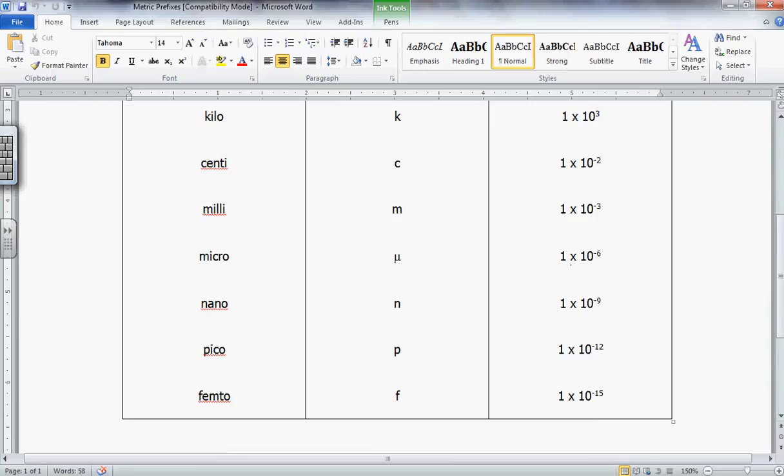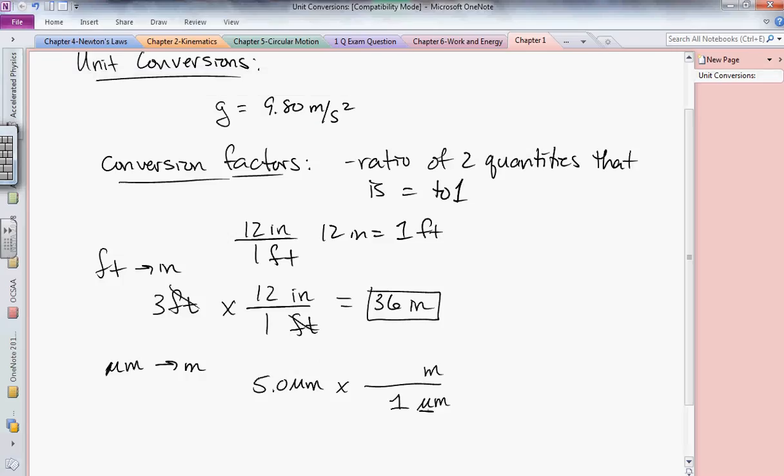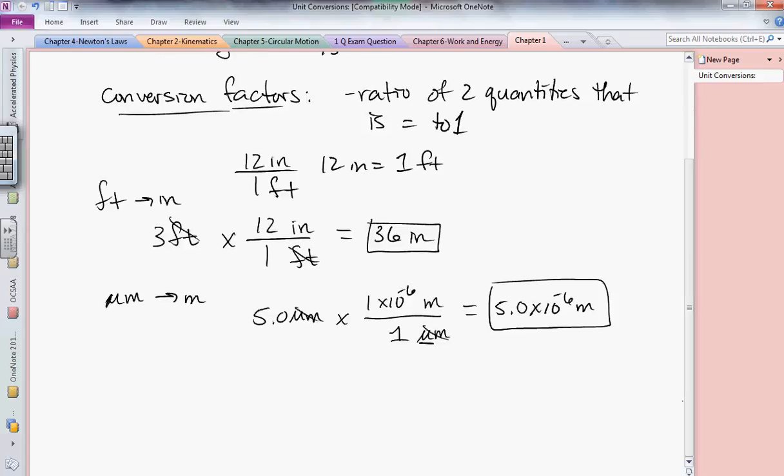This and this are equivalent. So I will replace this micro with 1 times 10 to the minus 6 on top, and then the micrometers cancel out. I'm left with meters, which is what I want, and I get 5.0 times 10 to the minus 6 meters. Okay, that will only work if you know your conversion factors. So again, please memorize the metric prefixes.